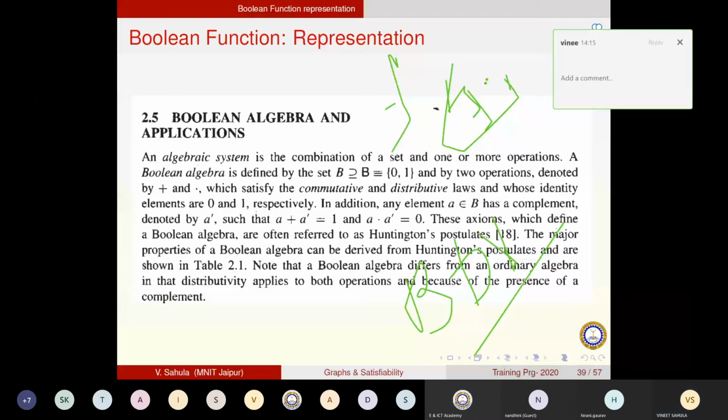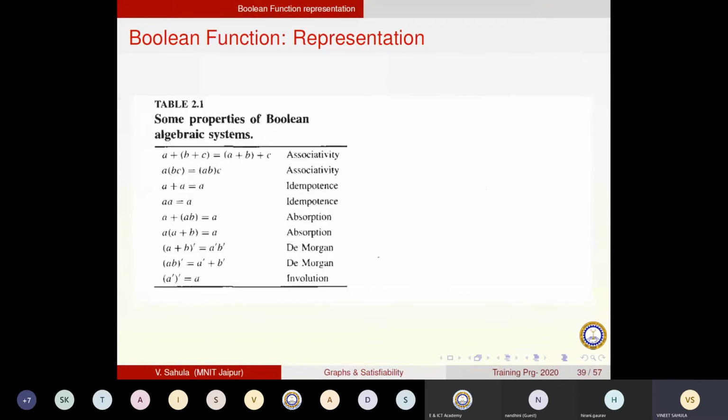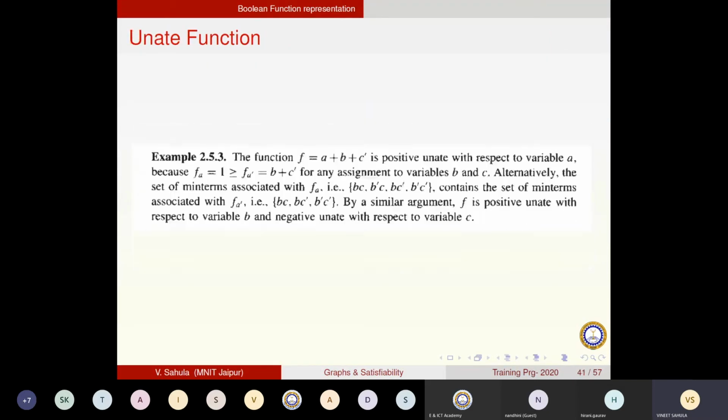Canonical in the sense that if a function is there, it will always have a unique reduced BDD. Or if you have a reduced BDD, it can represent only one function. That is canonicity. One function always has the same tree, no different. And one tree has only one function equivalent. No 2 trees can have the same function, or no 2 functions can have the same tree. This is canonicity. It's extremely helpful because it is a one-to-one representation, right?